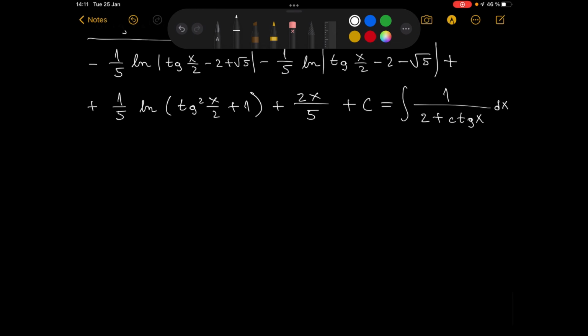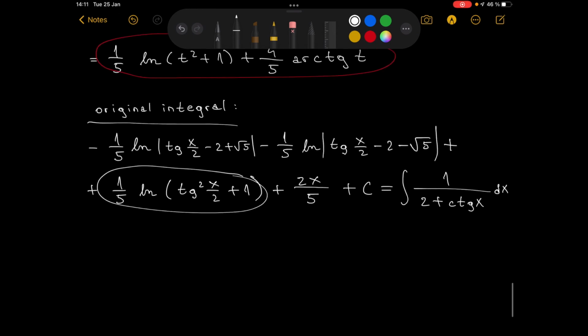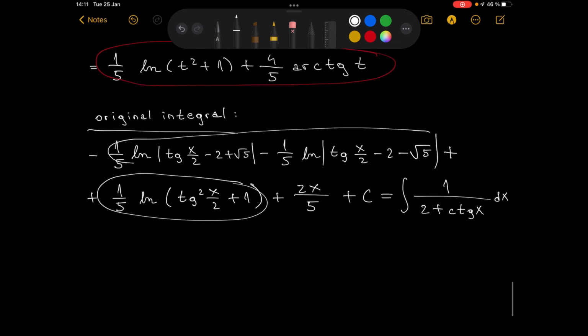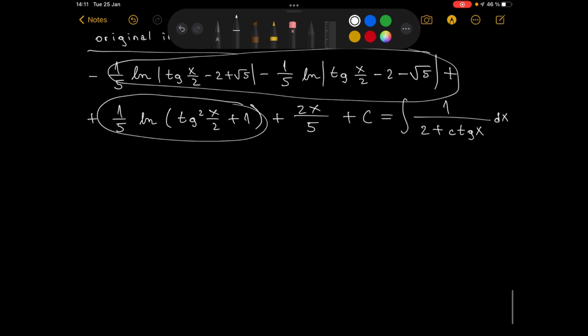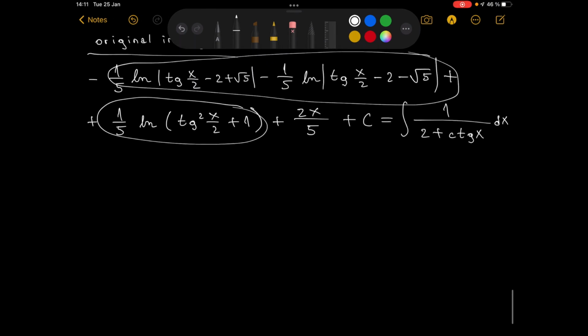And of course we can just go ahead and combine these two out. So, I mean these logarithmic parts, by using the rules of logarithms.